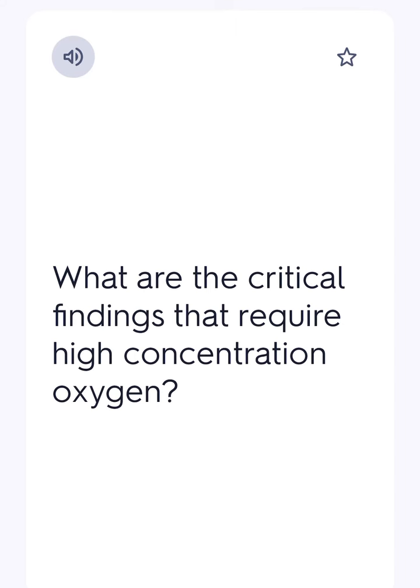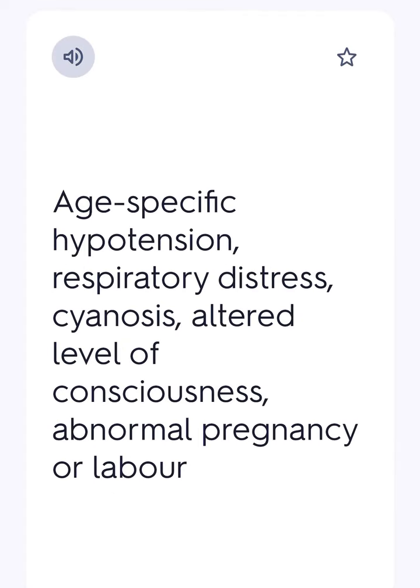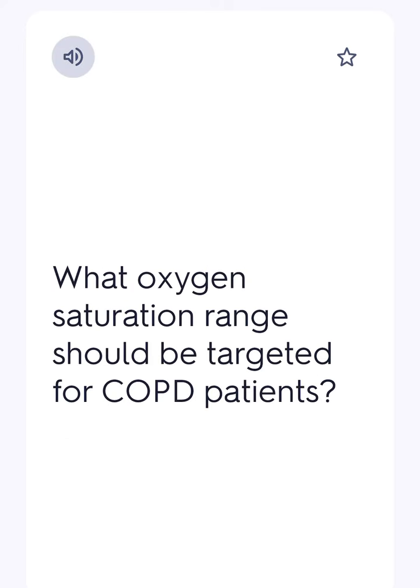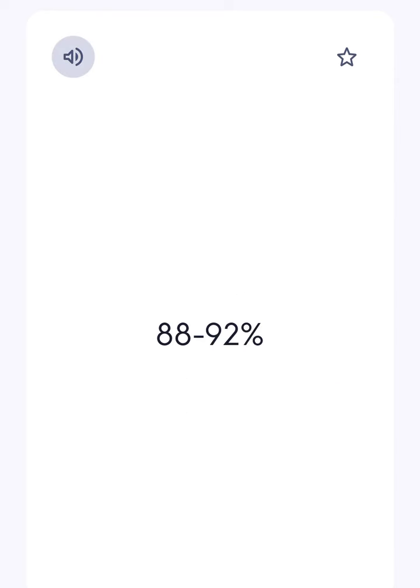What are the critical findings that require high concentration oxygen? Age-specific hypotension, respiratory distress, cyanosis, altered level of consciousness, abnormal pregnancy or labor. What oxygen saturation range should be targeted for COPD patients? 88 to 92%.